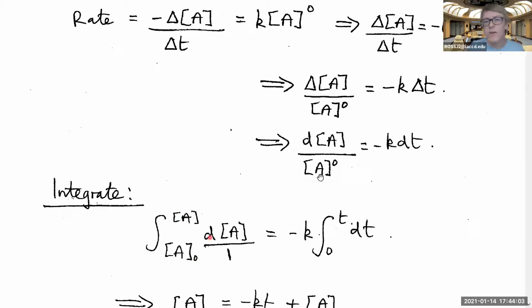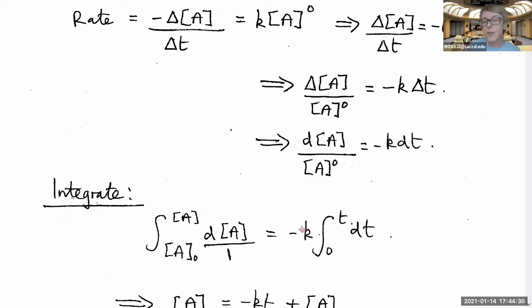What are we going to integrate? Well, we're going to integrate our numerator. We're going to integrate between those extremes the change in concentration of A. And on the right side of this expression, we're going to integrate over time. So on the left, we're integrating the concentration change in A. On the right, we're integrating that change as time changes.